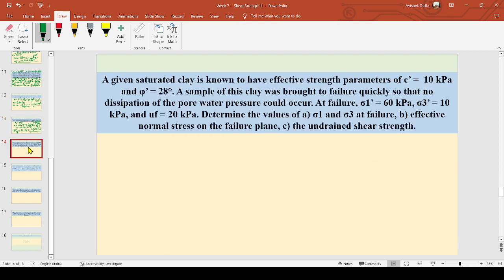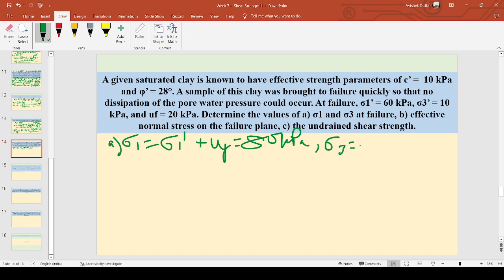Saturated clay, determine. Okay, sigma 1 and sigma 3 are very easy to find out. Sigma 1 equals sigma 1 dash plus uf, which is 60 plus 20, 80 kilopascal. Similarly, sigma 3 equals sigma 3 dash plus uf, that is 10 plus 20, 30 kilopascal.